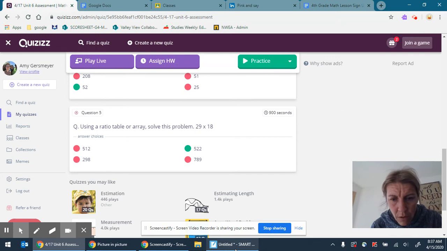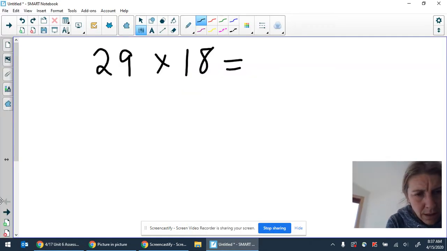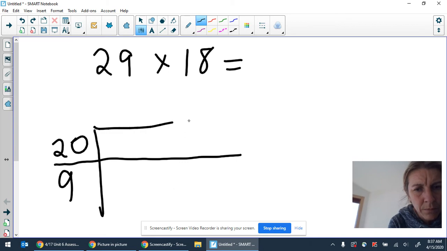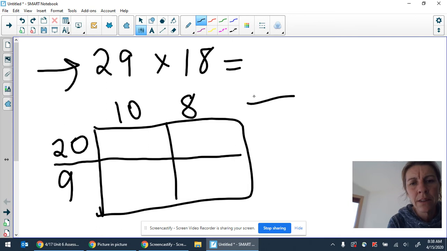So let's go and let's solve this. 29 times 18. Let's do 20. Let's break up the 20 and 9 and the 18. So look at what I did. Here's 29. That represents this. Here's the 29. Here is the 18, which represents this.